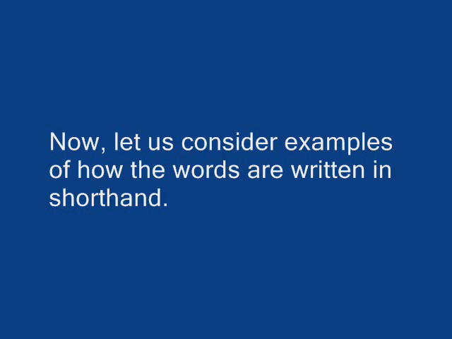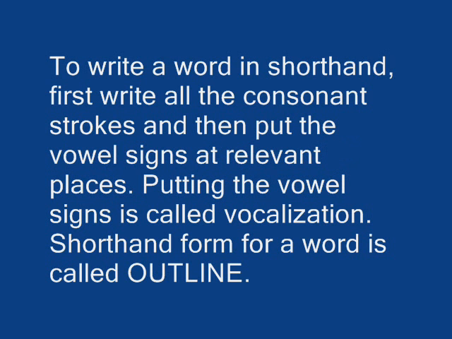Now, let us consider examples of how the words are written in shorthand. To write a word in shorthand, first write all the consonant strokes and then put the vowel signs at relevant places. First place, second place, third place.